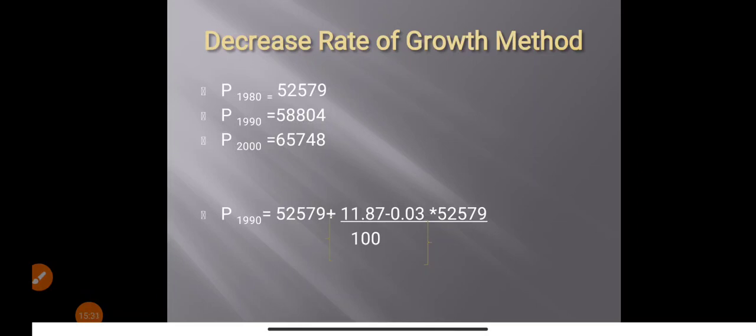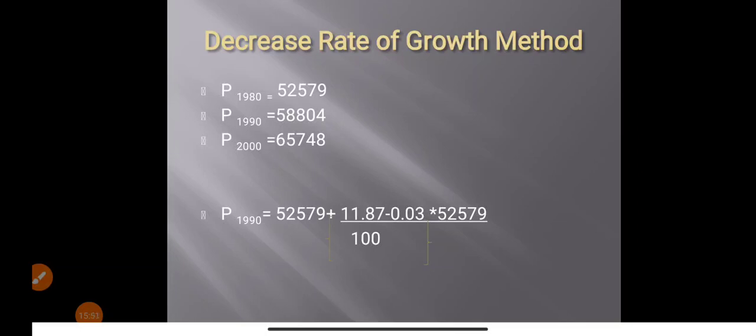So what is the previous decade population? Here we should not substitute the 47,000, because 1980 is the previous data we have to take, that is the P naught value. Whatever we calculated as the population of 1980, we have to take that value as P naught.